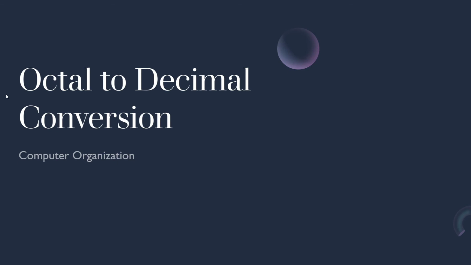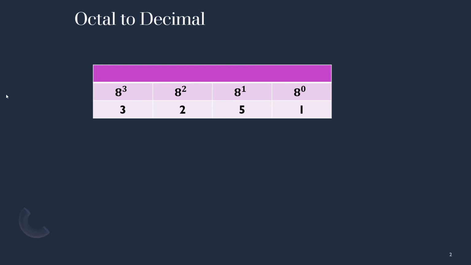So let's get started. Here we have a value of 3,251 in base 8, and we want to figure out its corresponding value in base 10. We're going to figure out what place each digit corresponds to, what powers it corresponds to, and its corresponding value.